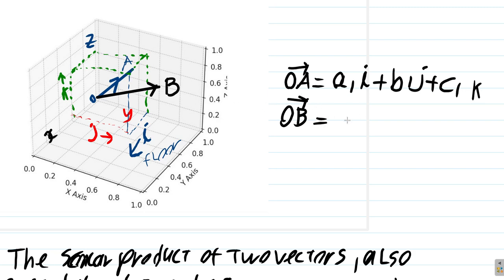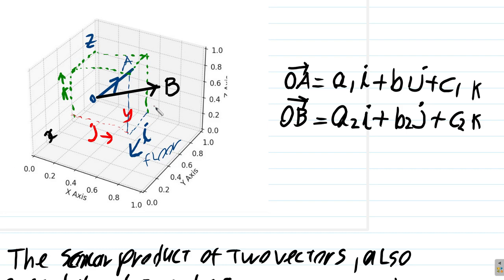Now the length of OB in the x direction, let's call it A2, and in the x direction the unit vector is pointing I, plus in the y direction we have B2, and the y direction unit vector is J, plus in the z direction let's call it C2, and K is the unit vector that points in the z direction.